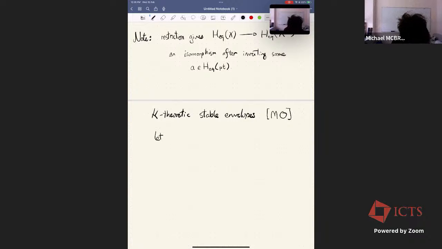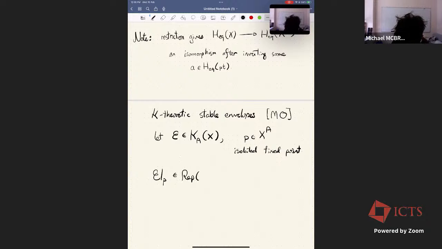So given some class in the equivariant K-theory of X, and some fixed point, which we're going to suppose for simplicity is isolated, when you restrict your class to this fixed point, this is just an element of the representation ring of your torus.